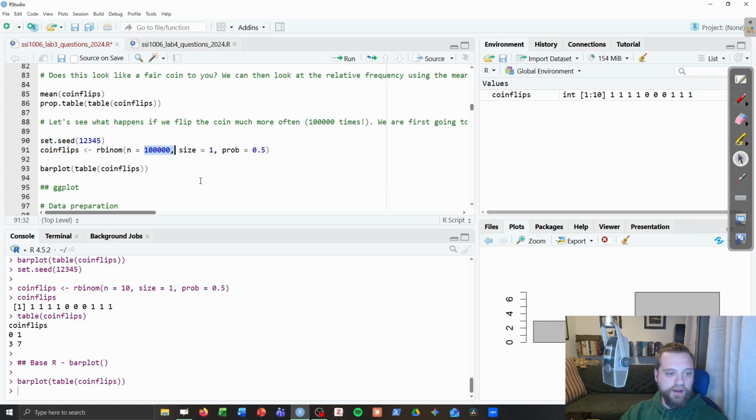So here I'm generating 100,000 coin flips, keeping these the same, particularly probability here. So this probability of 0.5, this is 50-50. This is always the probability of success.